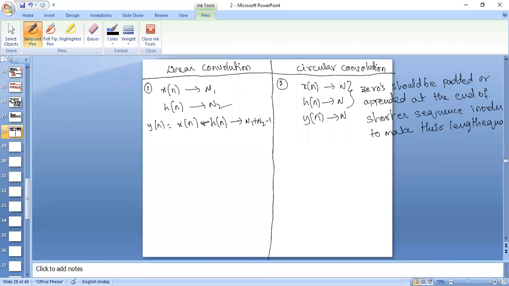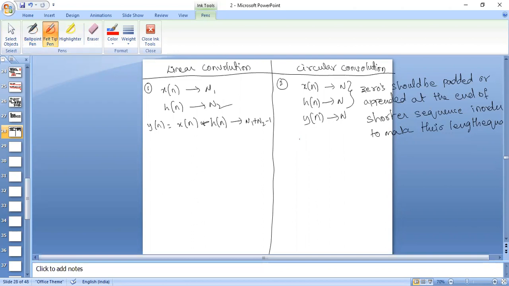And this technique is called zero padding.